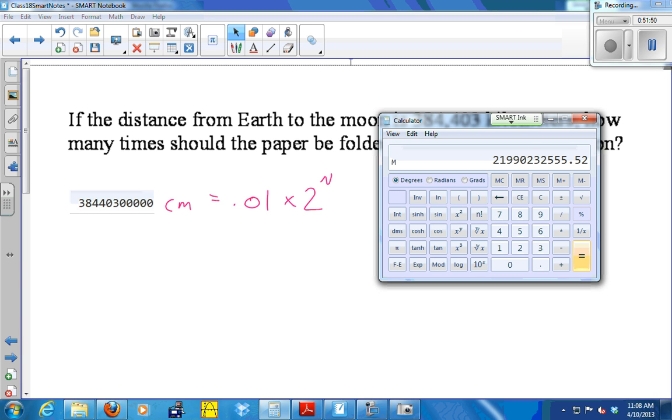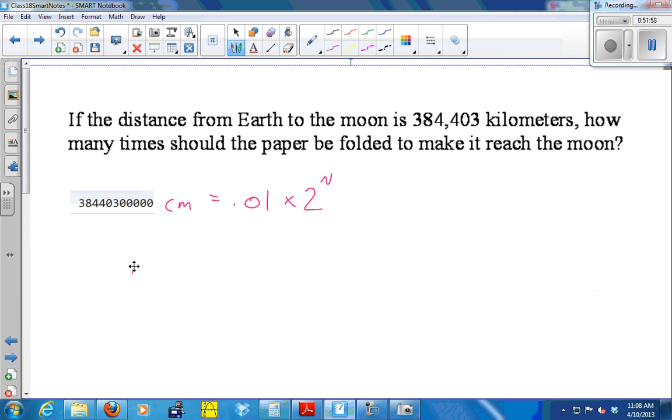But if I double it one more time, I get 439, so I've passed. So 41, 42 will get you to the moon.